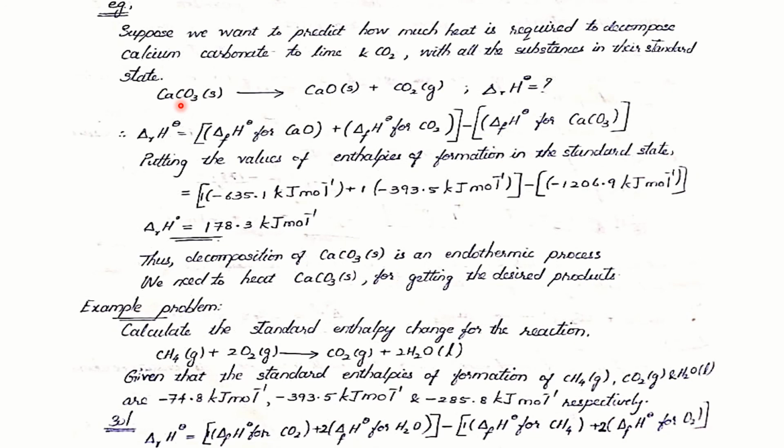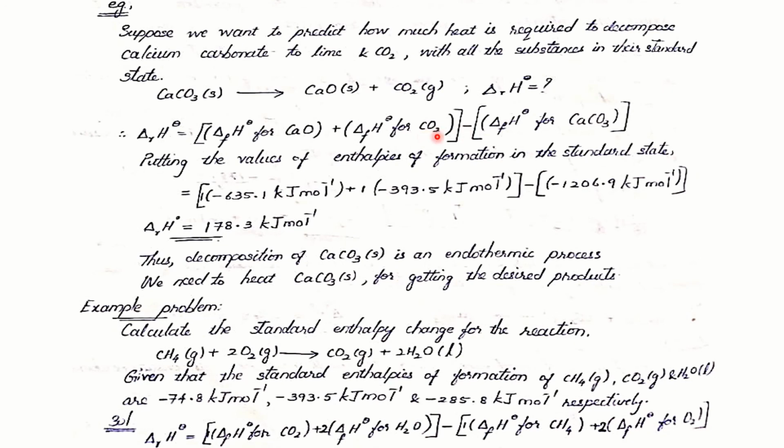So we write, what is the stoichiometric coefficient of calcium oxide? It is 1. Okay, and we multiply it with the standard enthalpy of formation of calcium oxide. Now what is the stoichiometric coefficient of carbon dioxide? It is also 1, and then we multiply it with the standard enthalpy of formation for carbon dioxide.